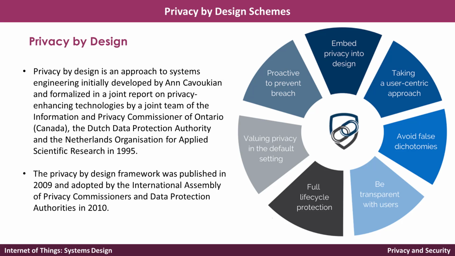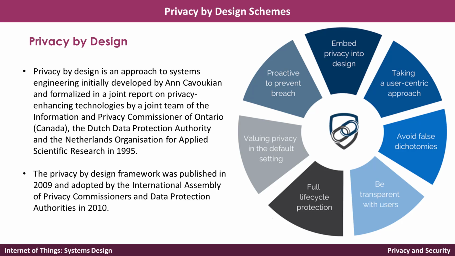So far, we went through a quick tour of privacy by design schemes. When we use the term privacy by design scheme, we broadly refer to 5 types of frameworks: principles, strategies, guidelines, patterns, and tactics.